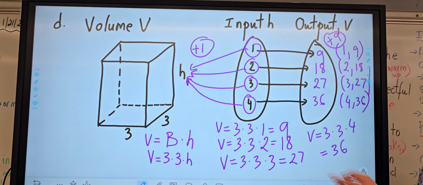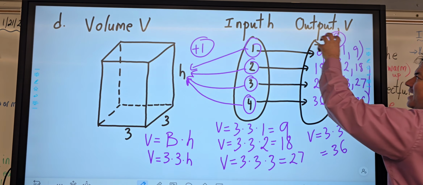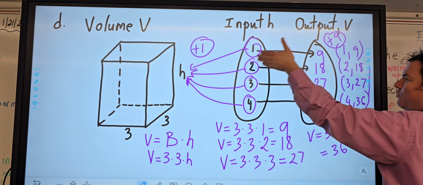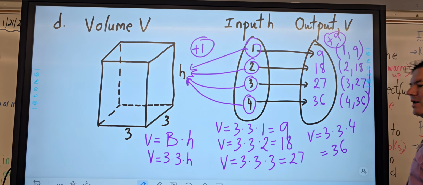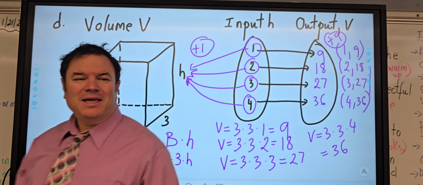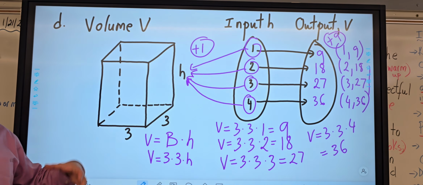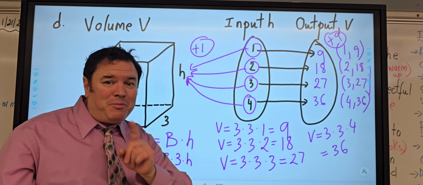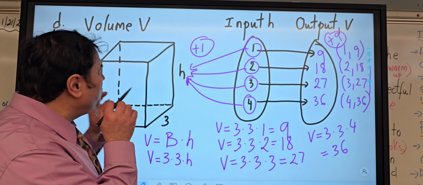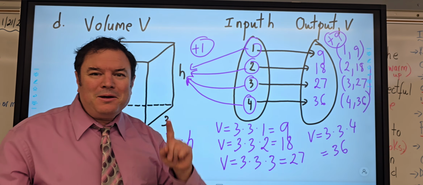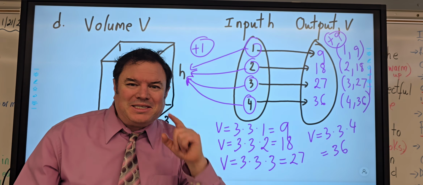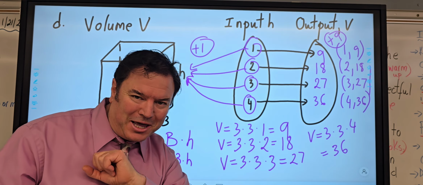And again, for each input, there is exactly one output. So we call this a function, right? Each input, exactly one output. Again, please remember to practice, and remember, anytime you try to identify if a relation is a function, please remember the example Mr. Dobrescu gave you today.